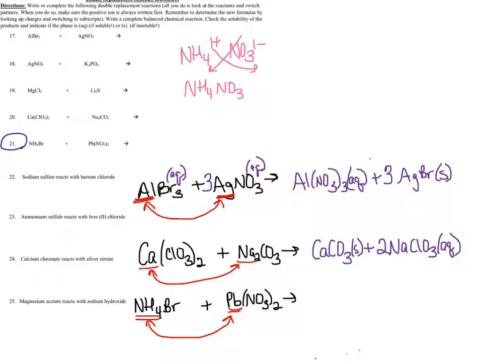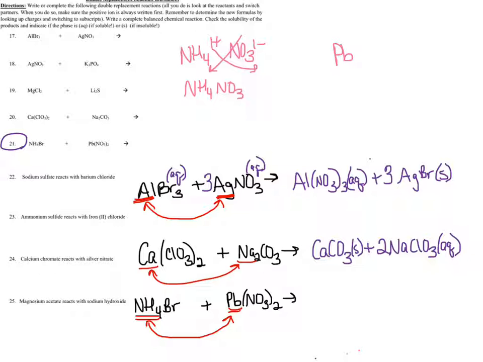Let's do my second compound. Pb was with NO3, now it's combining with Br. So Pb, if you look it up, it does have more than 1 charge. Make sure that you keep whatever charge it had to start with in my reactant side. So if I look at my reactant, it is Pb(NO3)2. So what charge did Pb have?